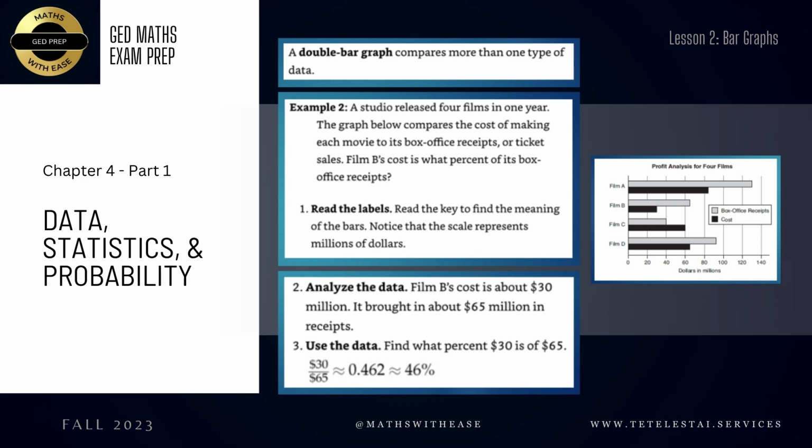It says, film B's cost is what percent of its box office receipts, right? So we've read the labels and the key to find out the meaning of the bars. We know that the grayed out bars represent the box office receipts, and the black bars represent the costs.